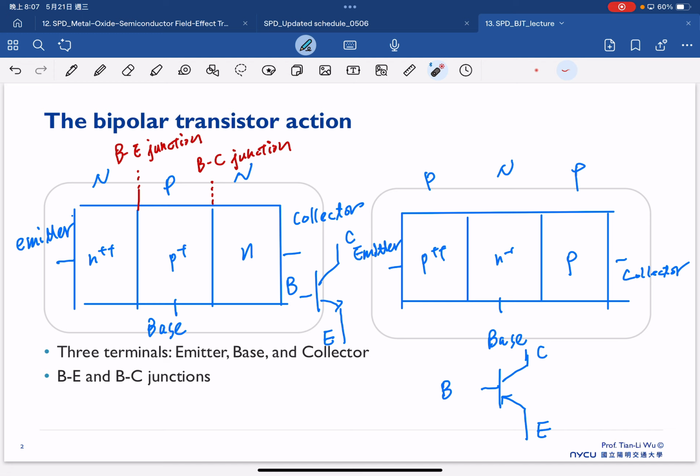But that gives us some wrong impression that the MOSFET is difficult, because in my generation the MOSFET was lectured last.